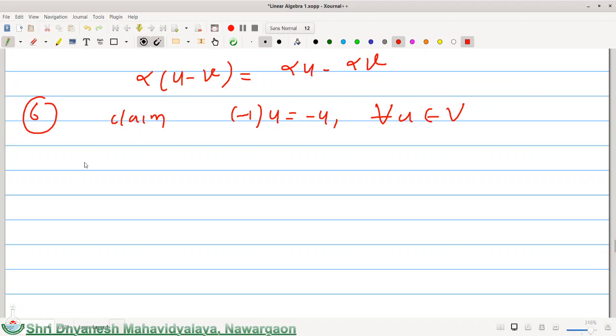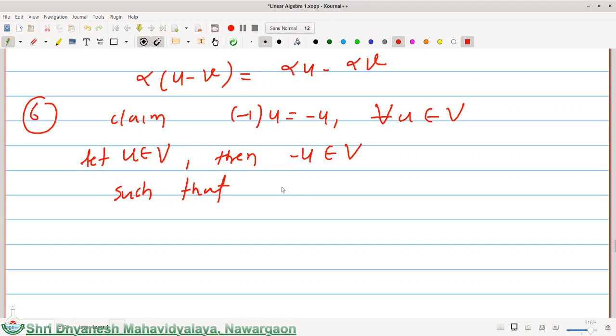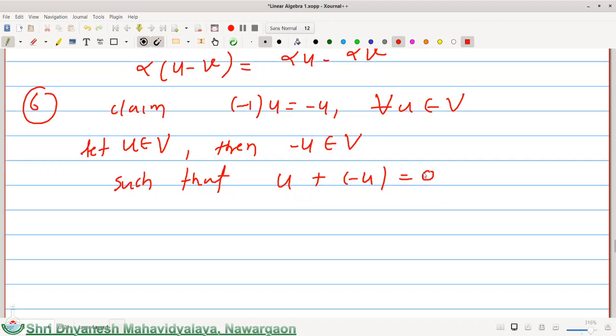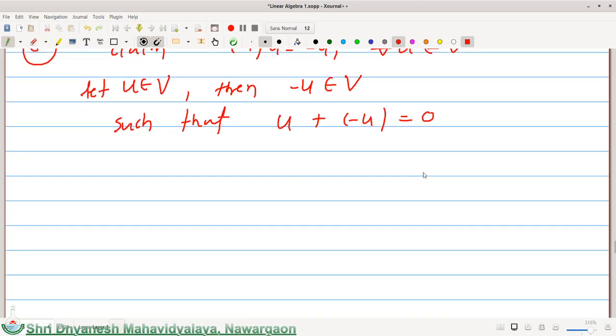So let u belong to V, then we have minus u belongs to V, such that u plus minus u is equal to the identity 0, the inverse property.